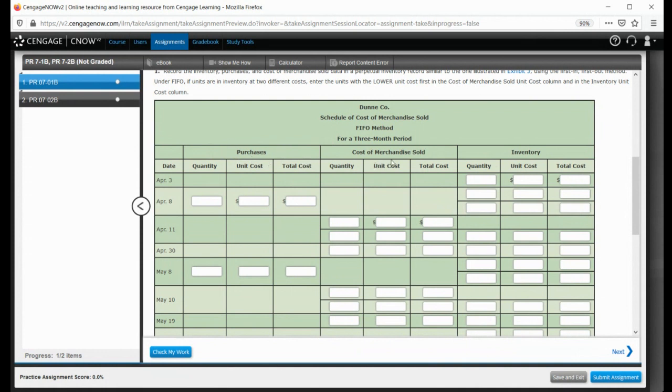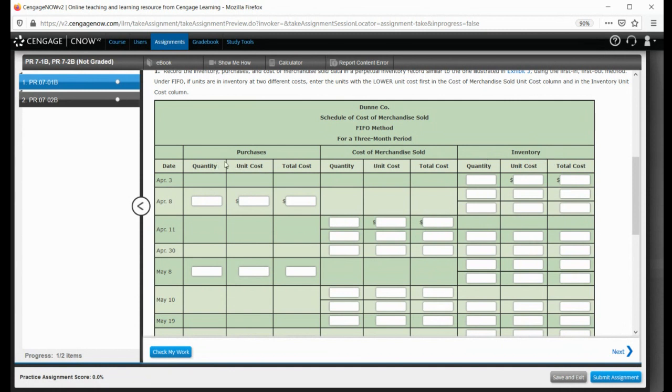It's got a place for the cost of merchandise sold. It's also got a place for your ending inventory. The ending inventory would be the last count of the quantity and the total cost that we will be recording in this particular section.